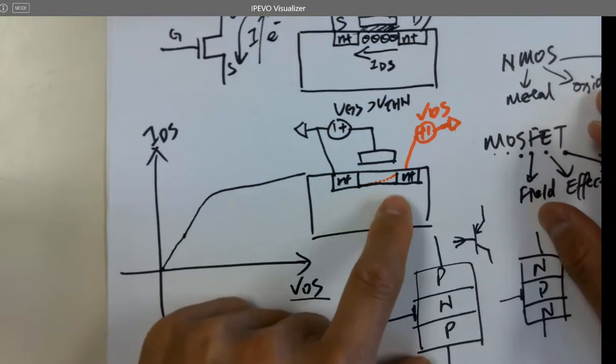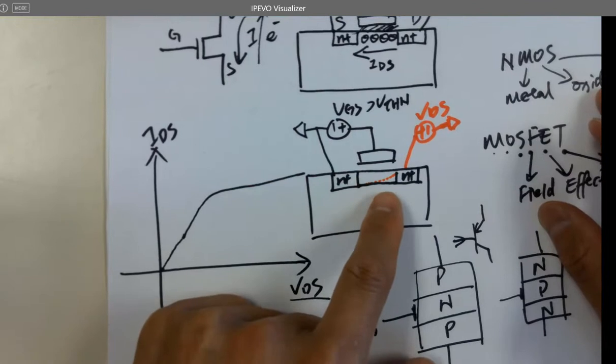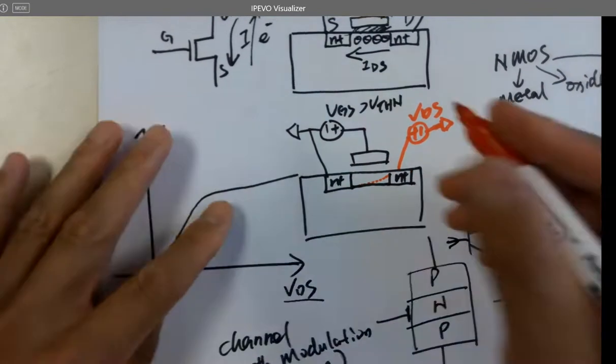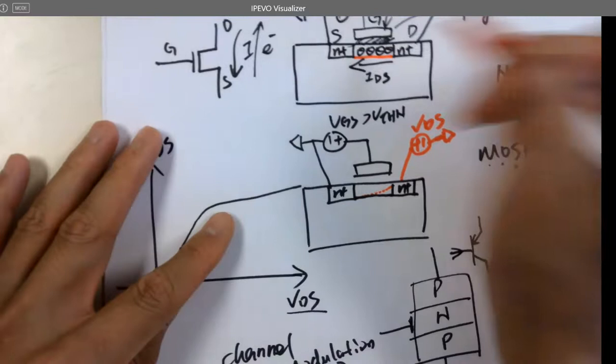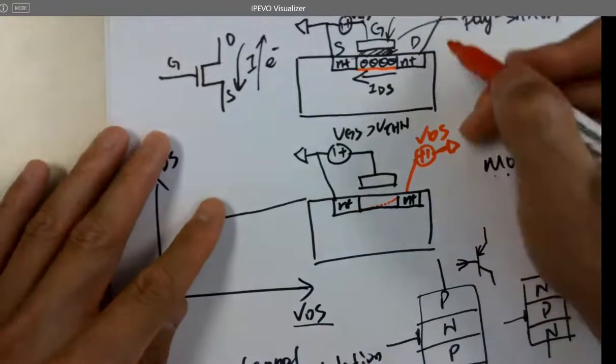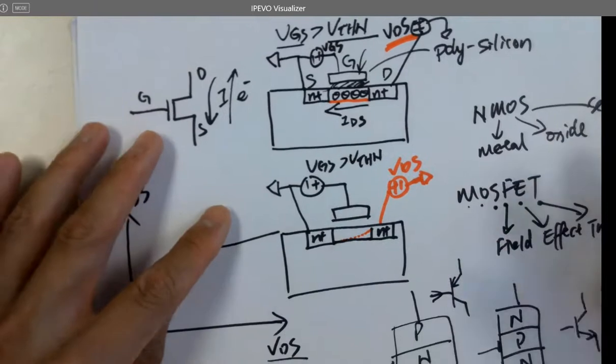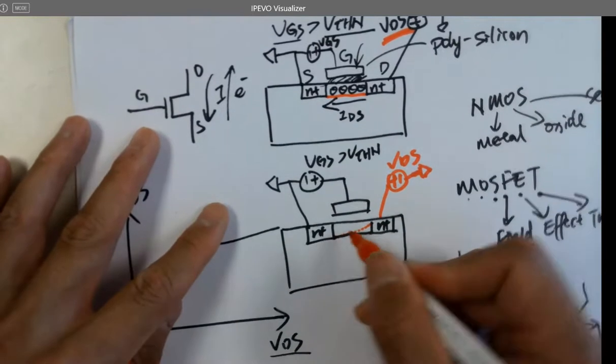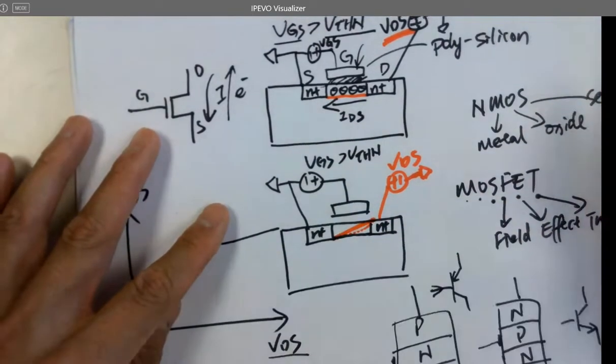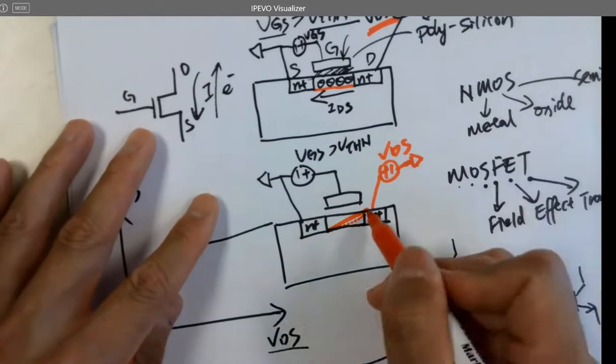All right, what happens? At the very beginning, you have a channel like that, right? But after you apply VDS to it, it starts tilting. The electron channel becomes this. It starts moving up.